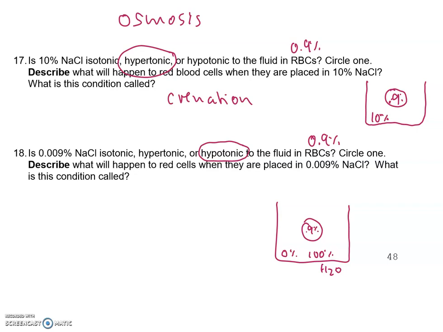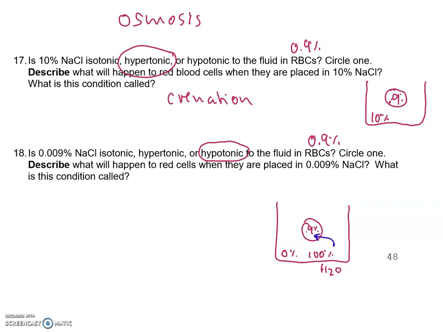So we have 99.1% water compared to 100% water on the outside, 0% salt. We are placing these red blood cells in distilled water, or 0.009% anyway. At any rate, if the water concentration is greater on the outside, then the water will go inside the cell, and animal cells don't have a cell wall, so they will burst.